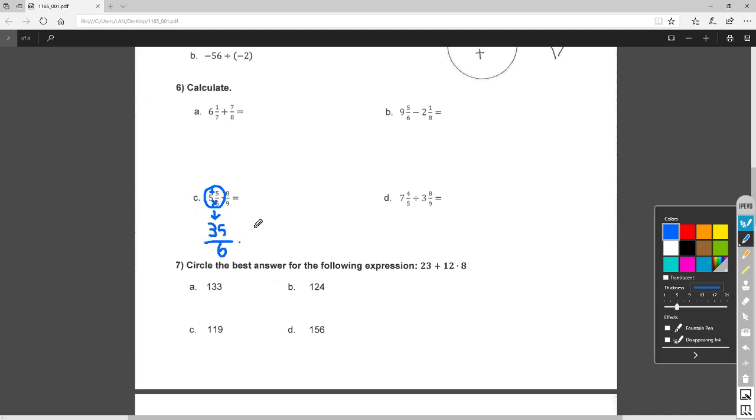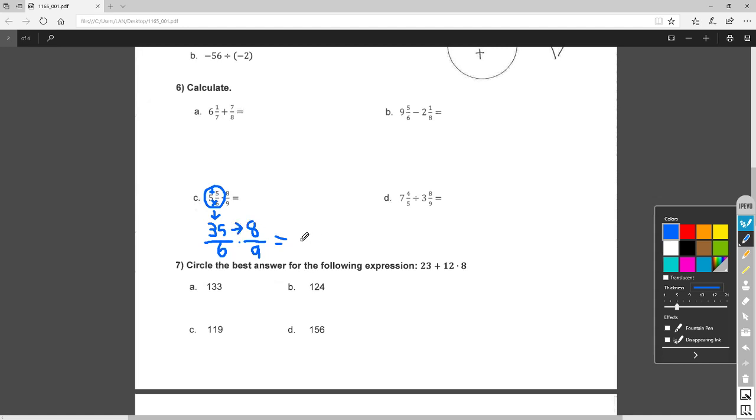Now once I have both of them as fractions, again, with multiplying fractions, you don't need a common denominator. I've seen this, a lot of you guys decide to change the denominators. It's not wrong, you can change the denominators and then multiply, but that's just an extra step that is not necessary. So at this point, I can already multiply.